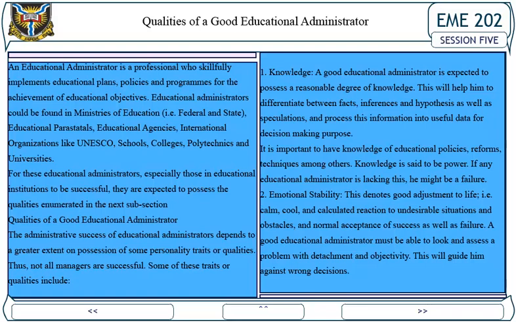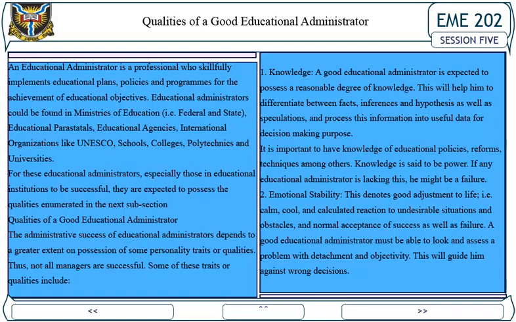Thus, not all managers are successful. Some of these traits or qualities include: 1. Knowledge. A good educational administrator is expected to possess a reasonable degree of knowledge. This will help him to differentiate between facts, inferences, and hypotheses, as well as speculations, and process this information into useful data for decision-making purpose.